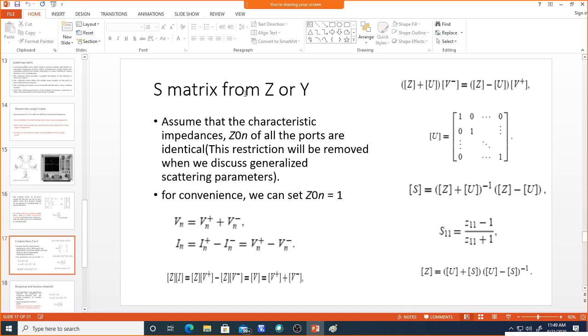So this is how we calculate the S matrix from the Z matrix. Similarly you can apply this to the Y matrix also, which we will see later. Generally we use the Z matrix most of the time, S to Z, Z to S. We generally don't use Y. Okay, so we'll stop here and continue in the next class.